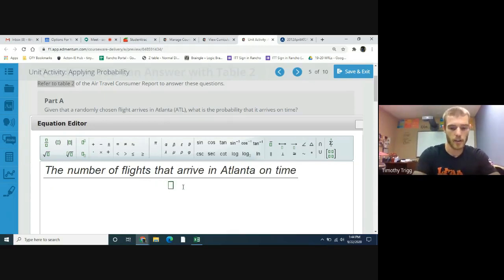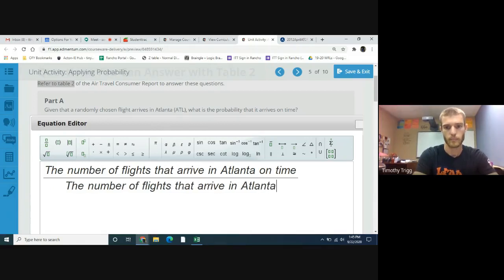And in the denominator, it'll be the number of flights that arrive in Atlanta. These are the two numbers we basically need from the chart.